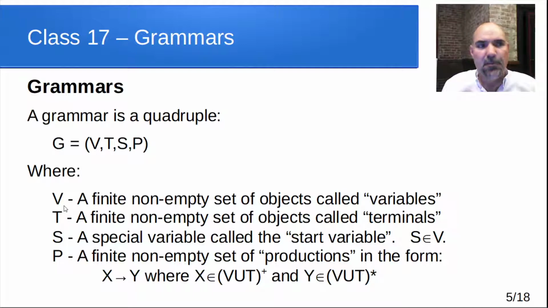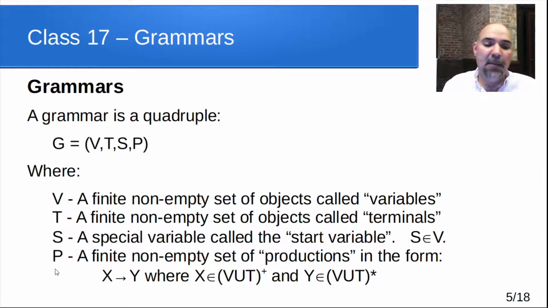In relation to DFAs, T is essentially our alphabet, the sigma we had before, but here we call them terminals and use T. S is a single special variable called a start variable, and S has to be an element of V. So V has to have at least one symbol, and S is the defined start variable for that grammar.